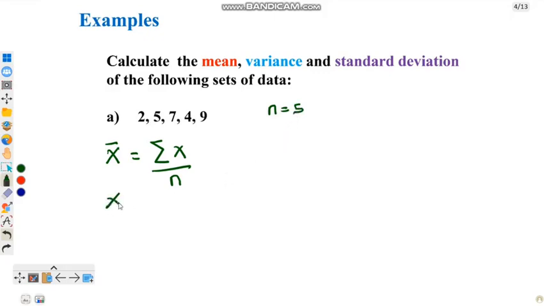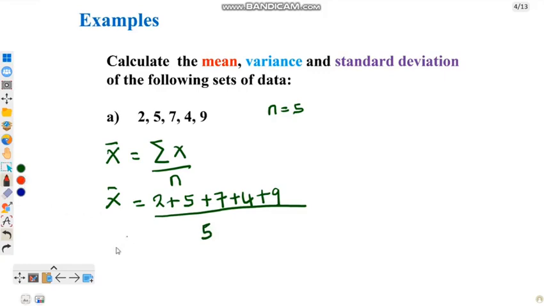So we write mean is equal to, and we add these values: 2 plus 5 plus 7 plus 4 plus 9, over 5.